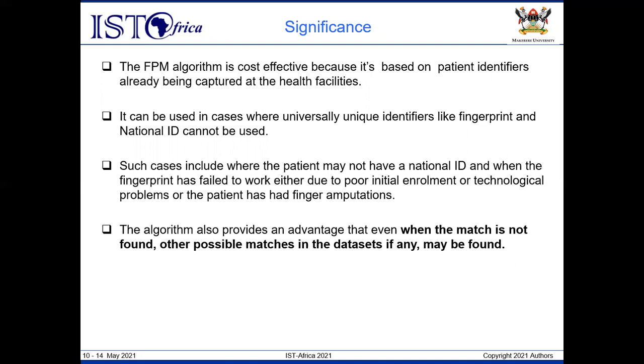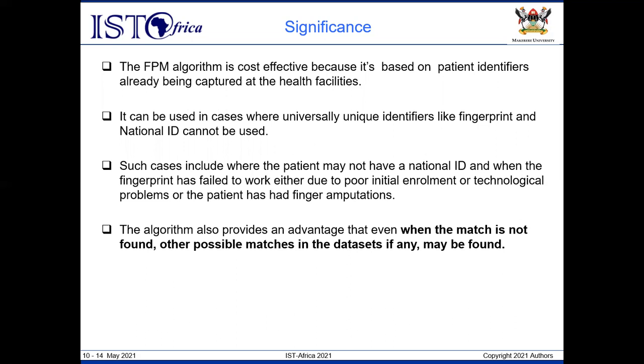These are cases where the national ID may not be there, or the fingerprint has failed to work either due to technological issues or the initial enrollment was not done correctly, and this means that on subsequent visits to the hospital, the fingerprint may not always match. And also patients with fingerprint amputations are catered for by the FPM algorithm.